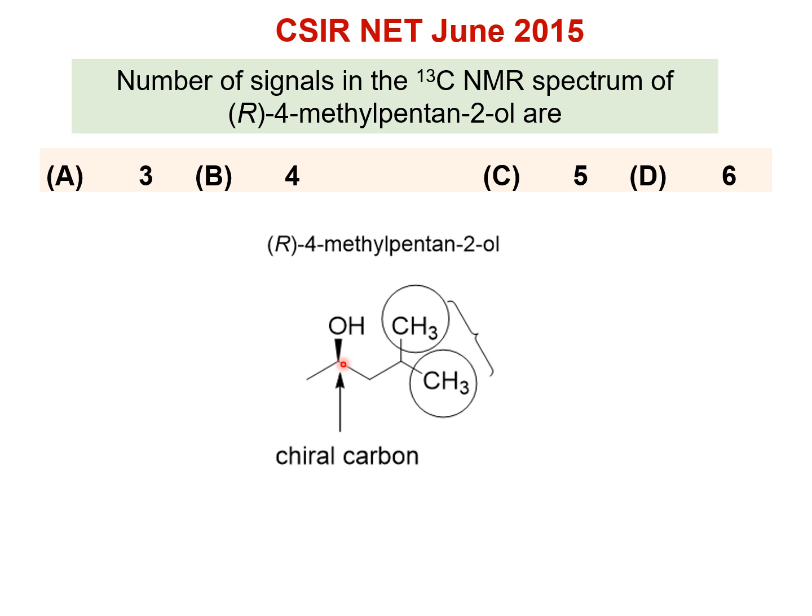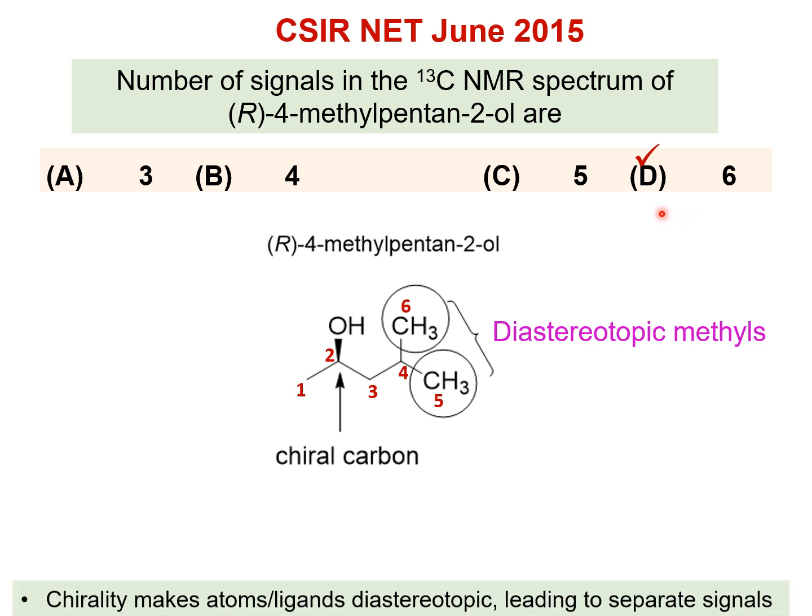C2 carbon is chiral, which makes the methyls attached to the C4 carbon diastereotopic. Hence, both the methyls will give different signals in the C13 NMR spectrum, giving a total of 6 different signals. Hence, the correct option should be D.